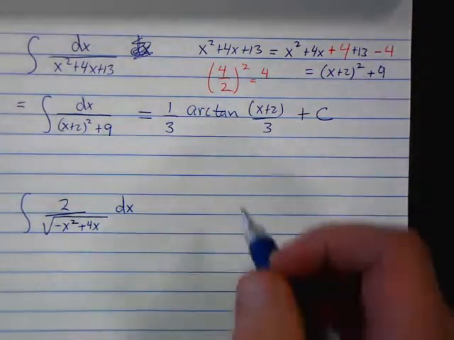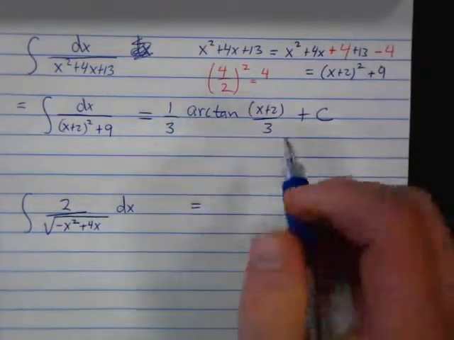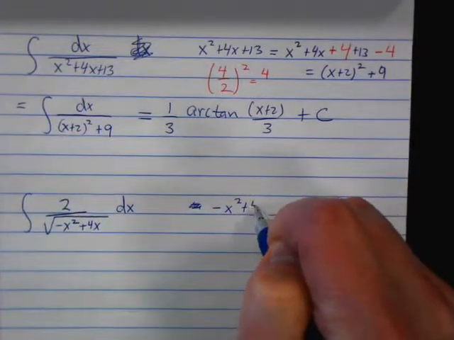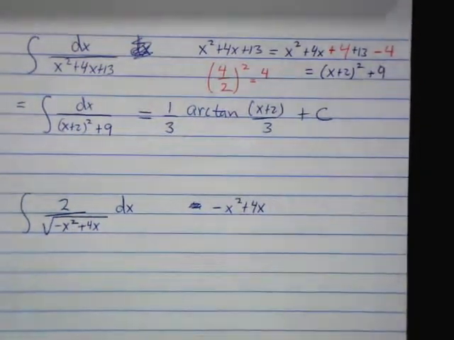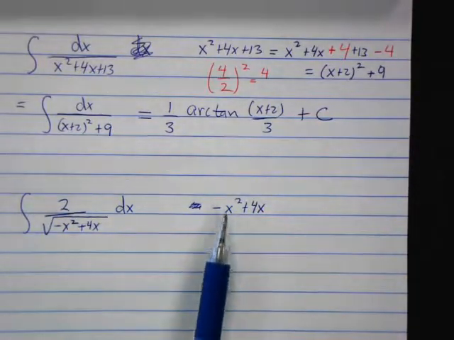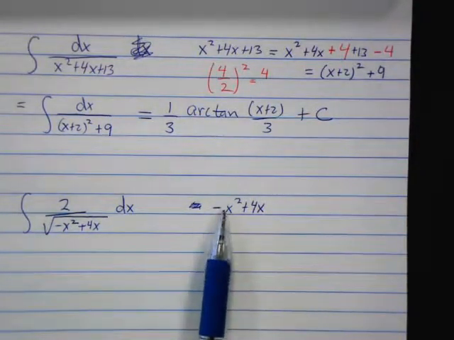Okay, so we need to complete the square. So we have minus x squared plus 4x. How do you complete the square on that one? The problem with this one is in order to complete the square, this leading coefficient has to be the number 1.